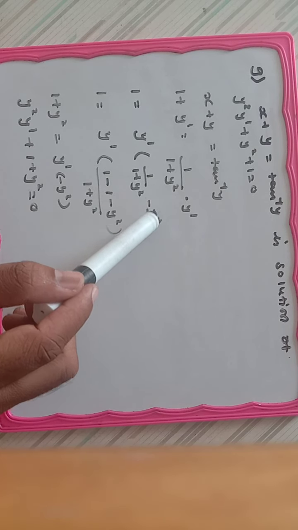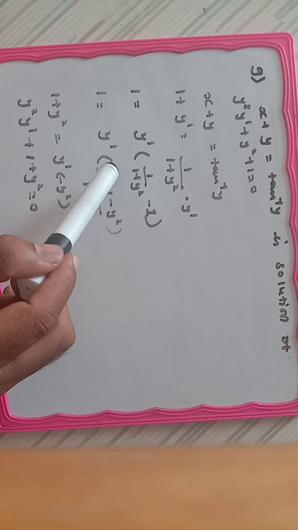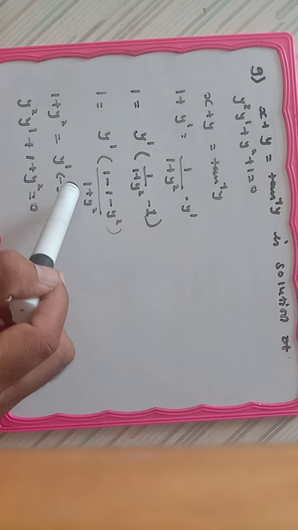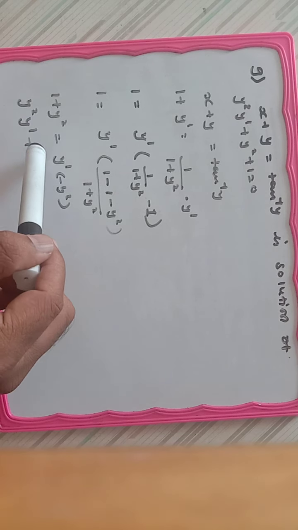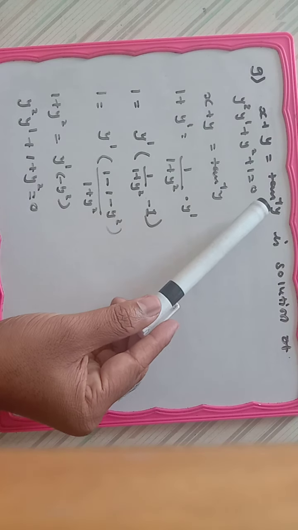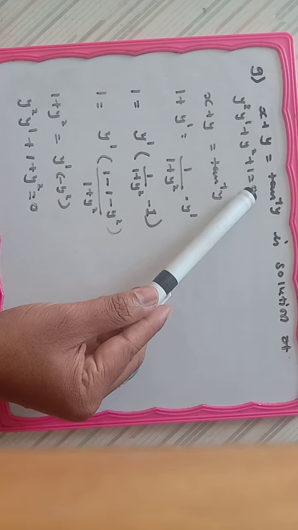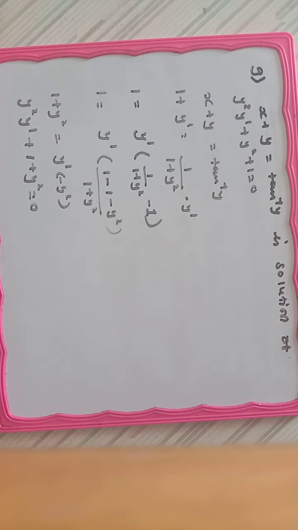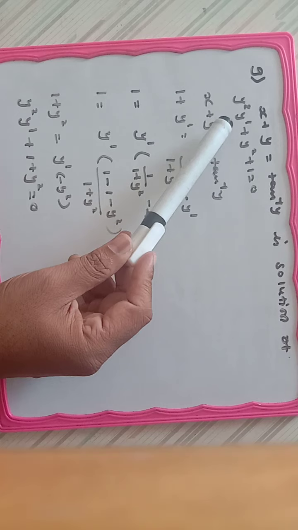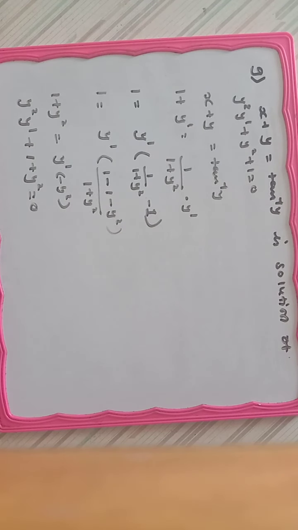Then we take the LCM, then 1 plus y square is equal to y' times minus y square. So this term we take to the other side, y square y' plus 1 plus y square equals 0, which is the given differential equation. So we can say that x plus y equals tan inverse y is a solution of the given differential equation.